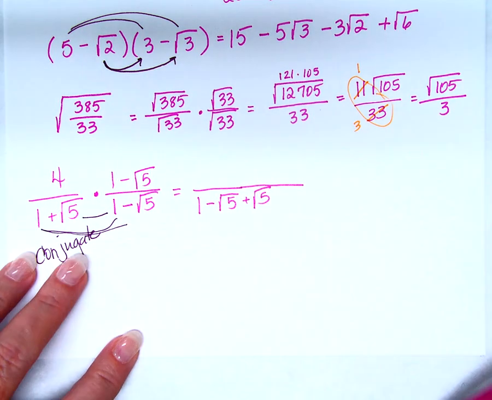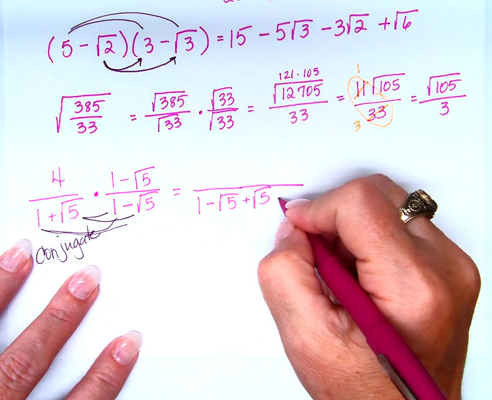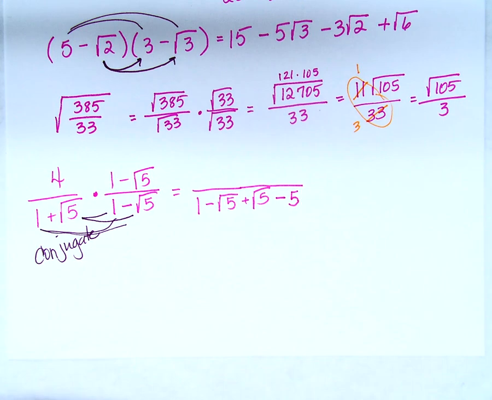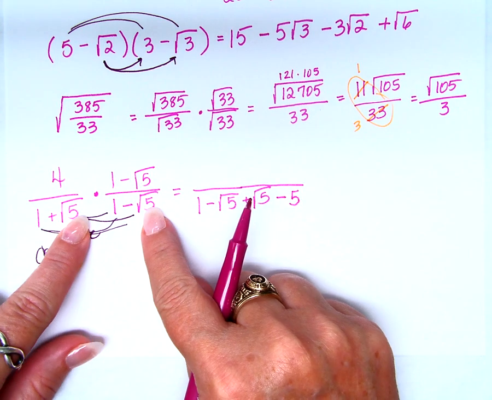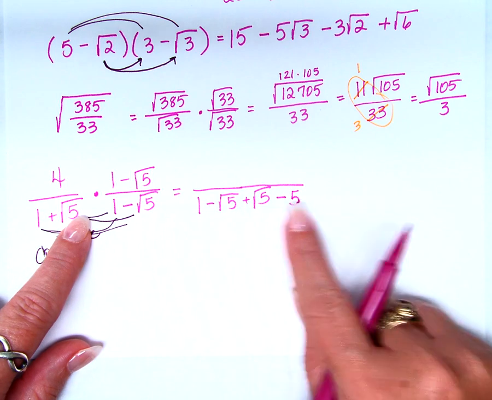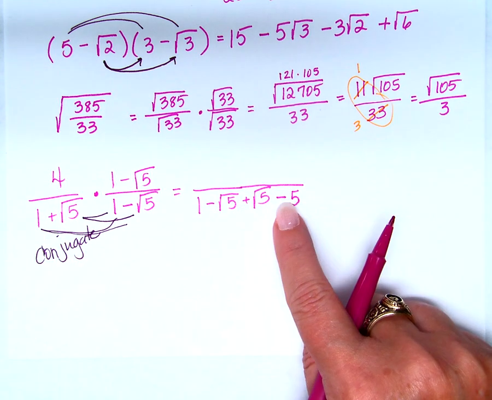Square root of 5. And then what is square root of 5 times negative square root of 5? Negative 5, right? Because anytime we multiply a square root by itself, I get what was inside, right? And then a negative and a positive gives me a negative.